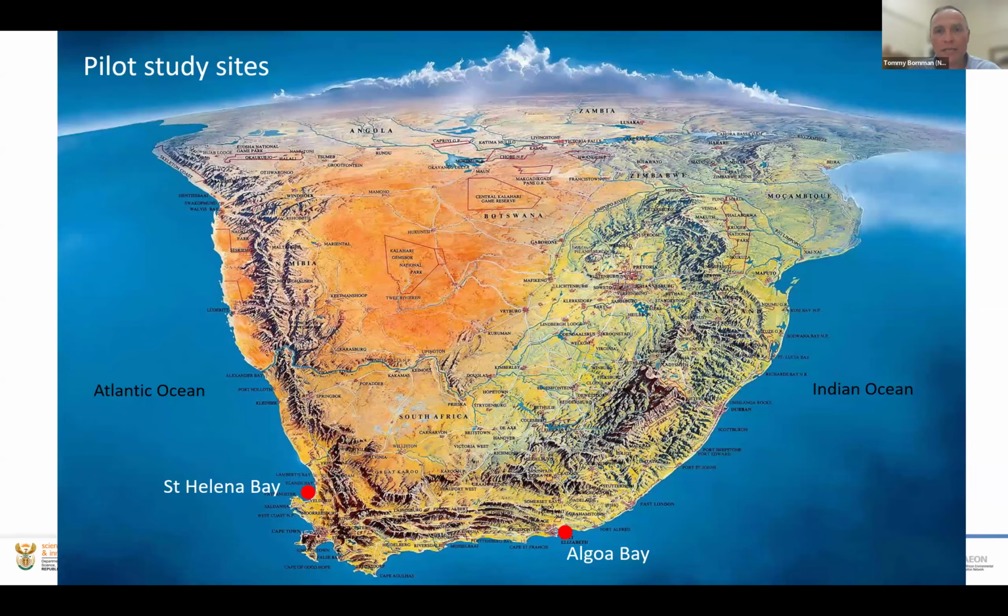And then for the NRF-funded project, we've selected a third site off the mouth of the Utugela estuary area. And that is so that we also have a subtropical region to see if the carbon and the other greenhouse gases would differ between these three bioregions. And the reason we selected these sites is because they had major rivers flowing into the areas, so we could study the entire land-ocean aquatic continuum.